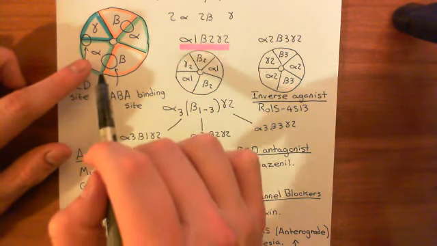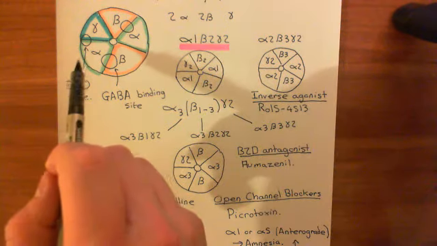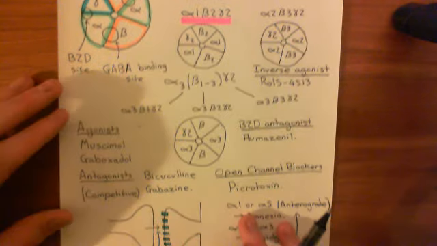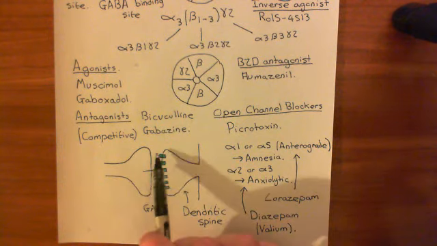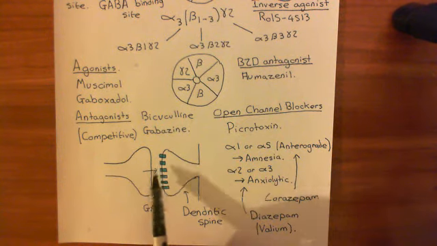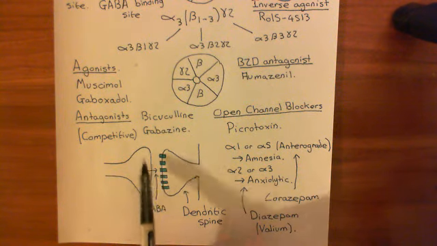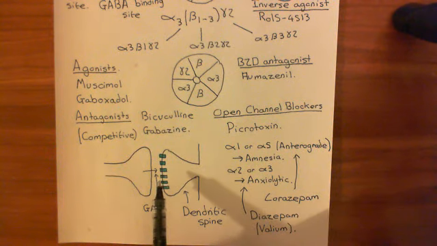So basically, Ro 15-4513 does exactly the opposite of benzodiazepines. It binds to the same site, but instead of increasing the affinity of GABA to bind to the GABA binding site, it decreases the affinity. This means that if we go back to our picture down here, if we fix the concentration of GABA in the synaptic cleft, then initially we have a certain fraction of these GABA-A receptors occupied with GABA bound to them.